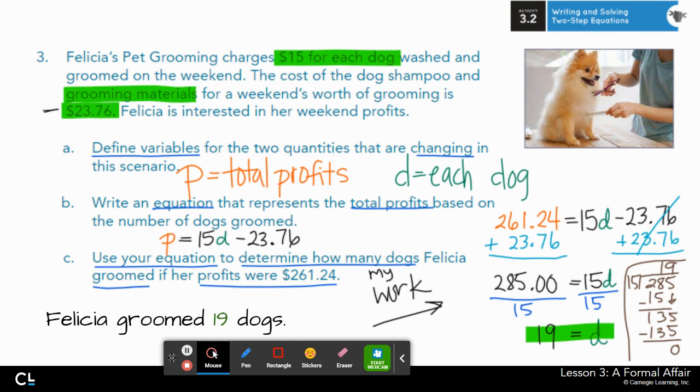That's why you subtracted, because that was the cost for Felicia. And then in C, I used that equation to see that 19 dogs were groomed and she made a $261.24 profit. Go ahead and take a second, get these notes down if you have not already. Pause here.